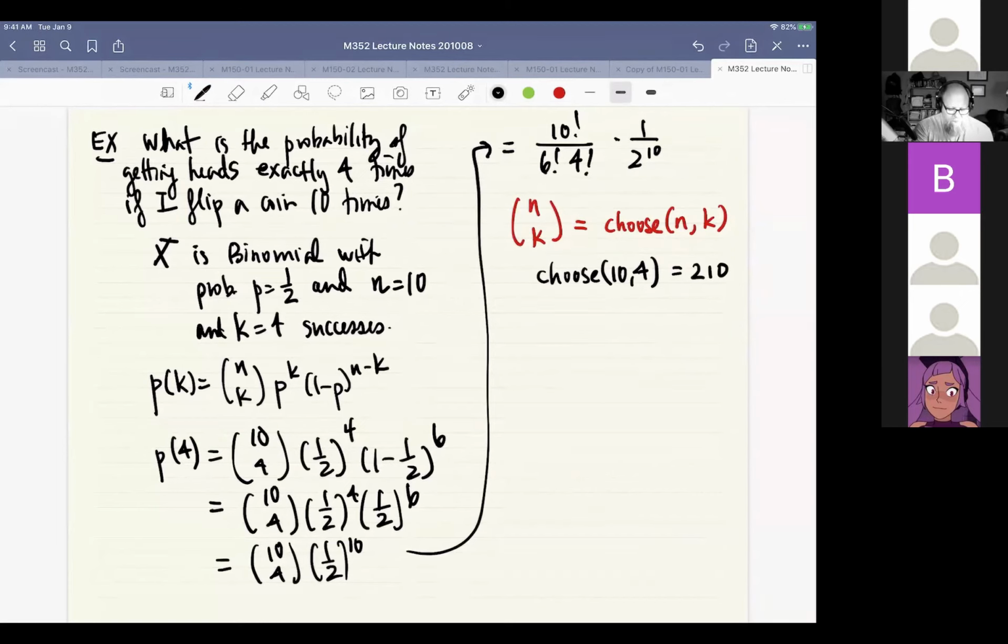All right. And then I'm going to type choose 10 comma 4, and I'm going to multiply it by 1/2 to the 10th power. And that's a really small number. But choose 10 comma 4 times 1/2 to the 10th is approximately equal to 0.2050781. So that's what R gives me.